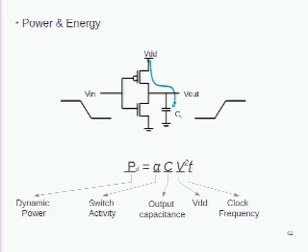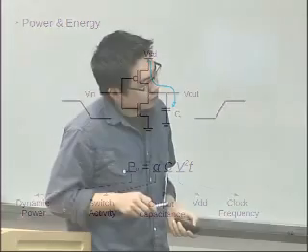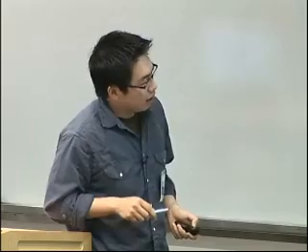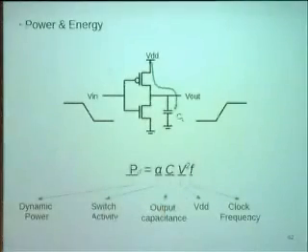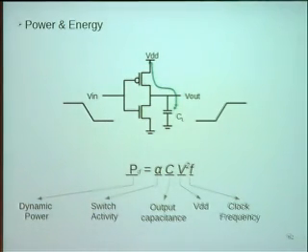If you count how much power is consumed, it depends on basically four factors. The first one, alpha, is the switching activity. The more you switch, the more power you consume. The second one is C, which is the output capacitance. The larger this is, the more power you need to charge it.